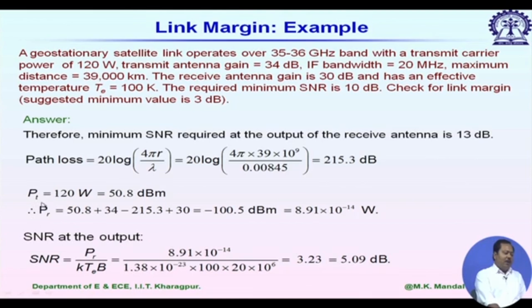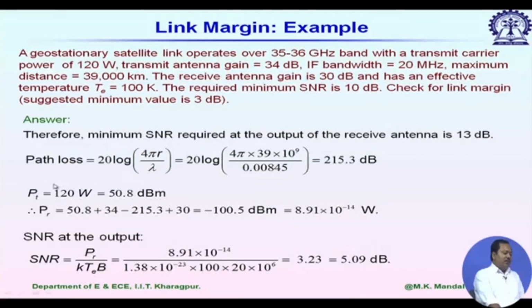So, transmitted power PT of 120 watt is equal to 50.8 dBm. dBm is with respect to milliwatt power. How do we represent in dBm? Any power P is first divided by 1 milliwatt, and then we convert it to decibel scale; that unit we call dBm.